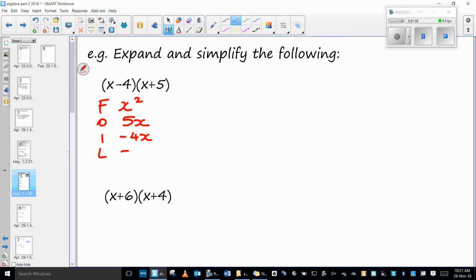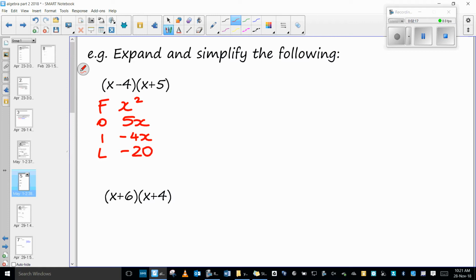So what are we doing to those two things? Not yet, remember what we got to teach? Multiply, yeah? What's negative 4 multiplied by 5? Negative 20. Good girl. Alright, so there is our 4 terms.